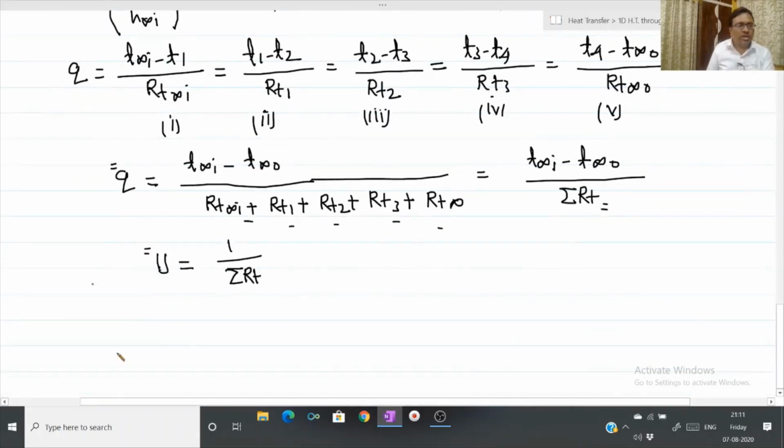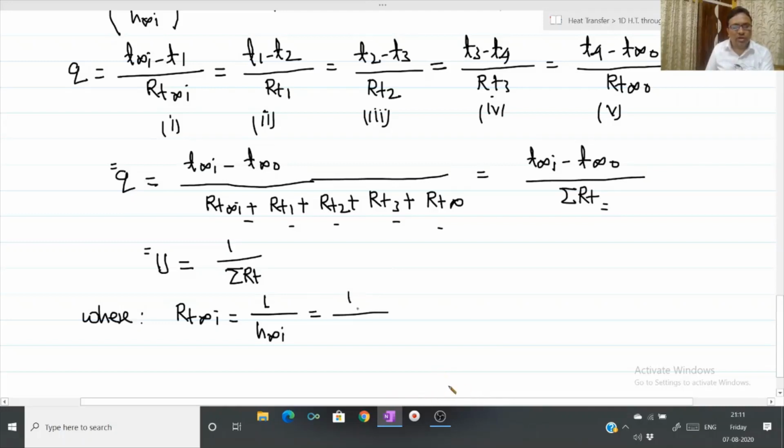So in the above equation, what is RT infinity I? It is nothing but 1 over H infinity I, that is the convective thermal resistance offered by inside air.